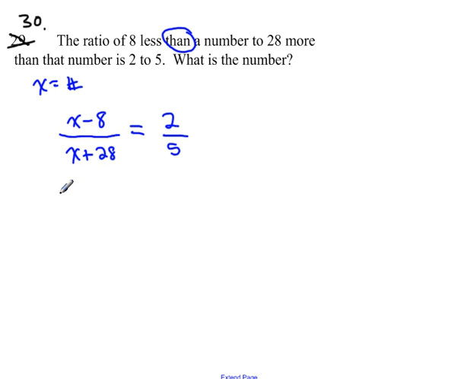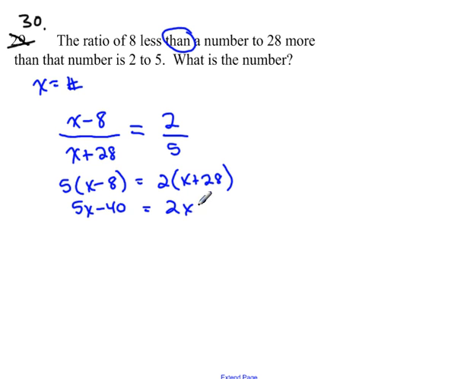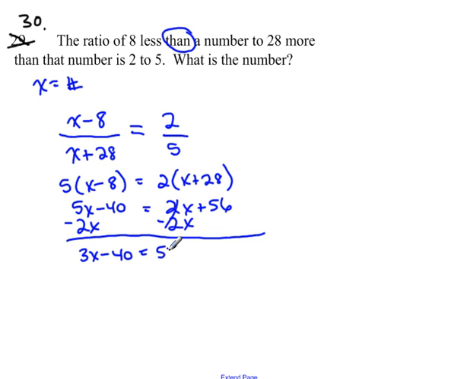Cross multiply and solve here. You're going to get 5 times x minus 8 equals 2 times x plus 28. 5x minus 40 equals 2x plus 56. Variables to the left. 3x minus 40 equals 56.